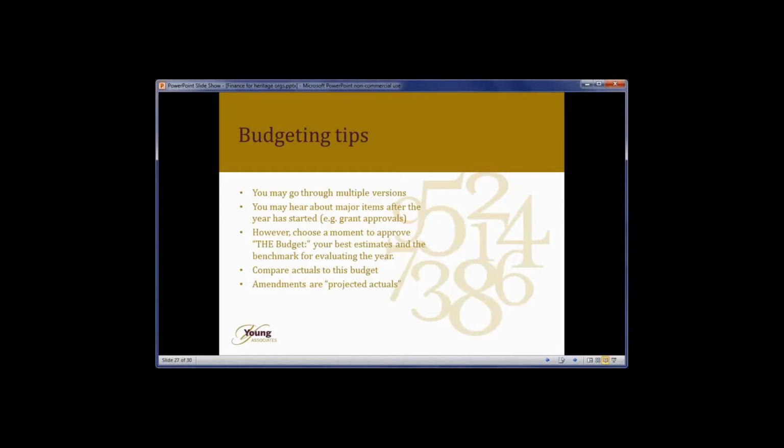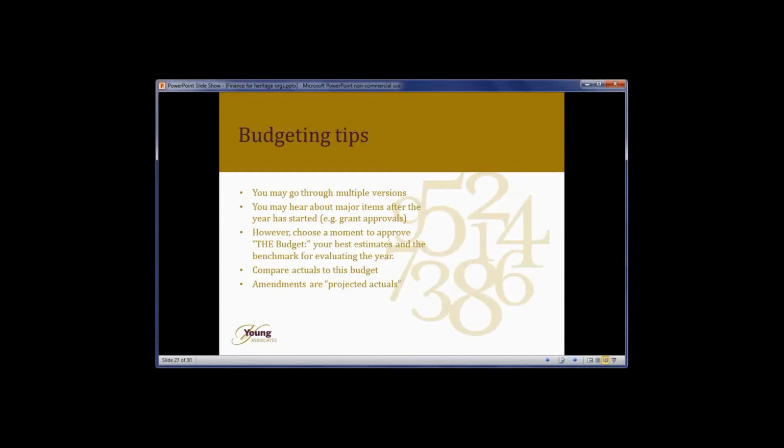As you work through the budget, you may go through multiple versions. You may be in a position of hearing about major items after your year has started. All sorts of things might happen. However, I would propose that the greatest strength in the process would be to pick a moment, whatever moment you think is the right moment to approve something that is the budget, the benchmark against which we're going to measure our year.